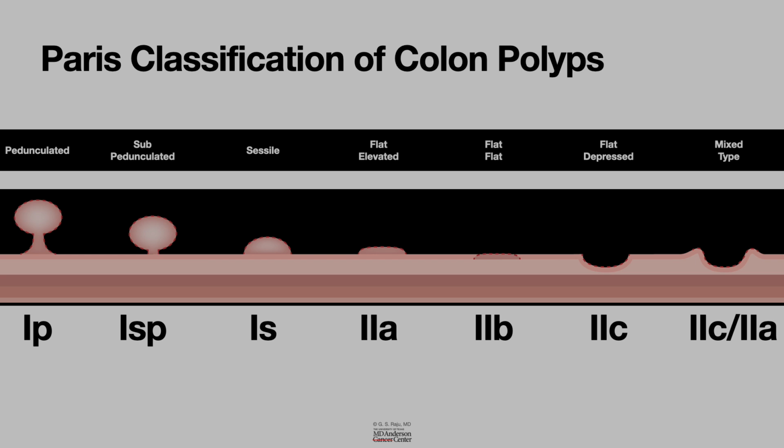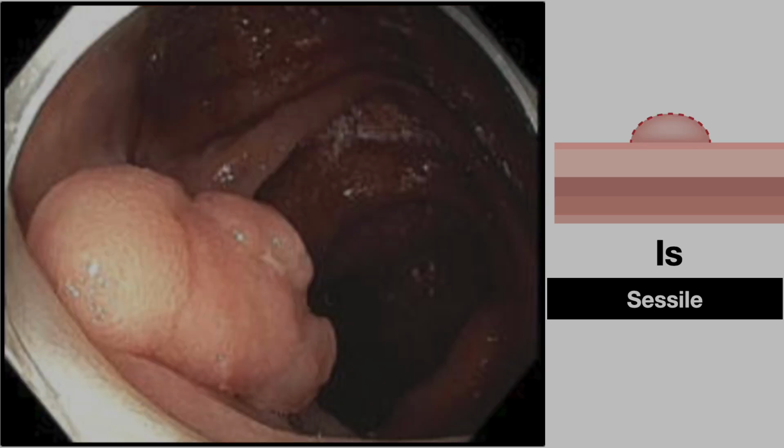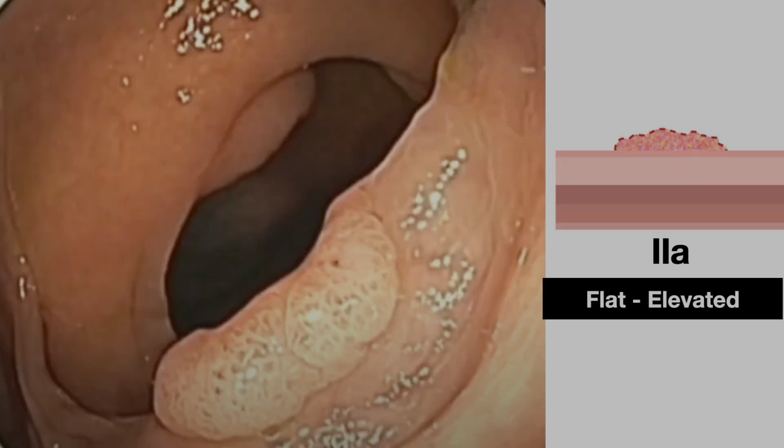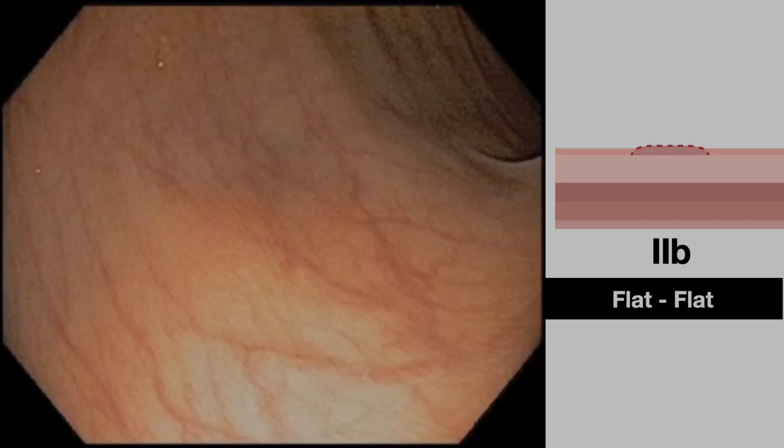Let me show you some examples. Here is a pedunculated polyp with a pedicle and a sessile polyp, a flat elevated 2A lesion, and it could be lobulated or granular or non-granular when it is completely smooth. And finally, a 2B lesion, you are barely able to see.